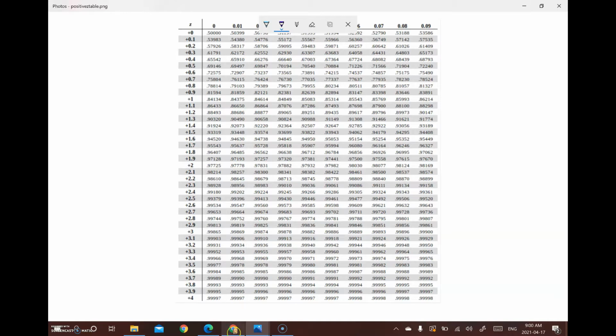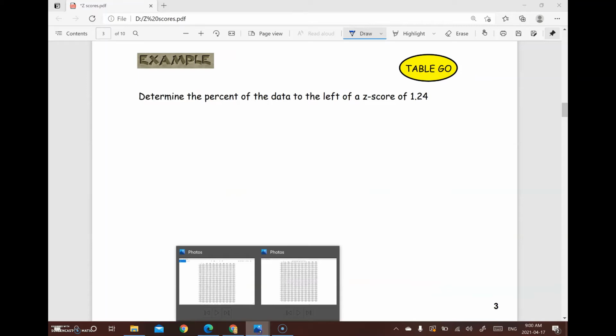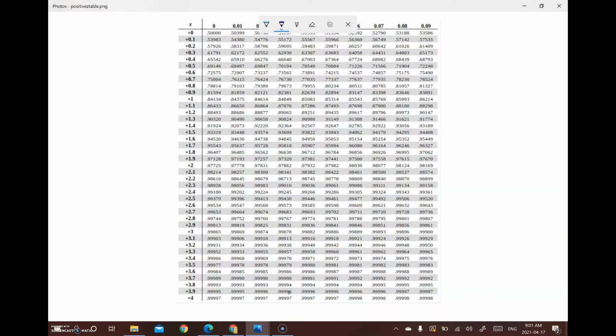So I need to find 1.24. In the left column, these represent the first digit before the decimal and the first digit after the decimal. So I need to find 1.2, which is here. When I run along the top, this gives me the second decimal.